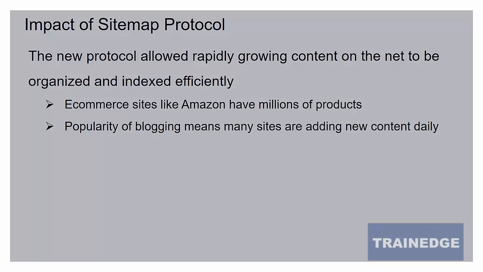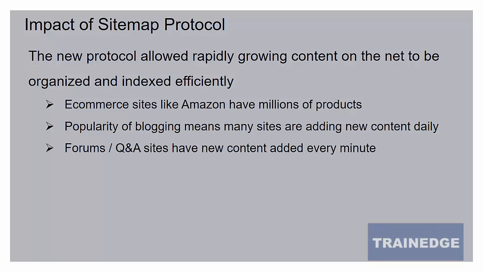Because of blogging, many sites are adding new content every day. Some sites are adding, in fact, multiple pages every day. Forums, Q&A sites have lots of active users who are adding content every minute. And all of that needs to be indexed by Google if it wants to serve the right kind of result.